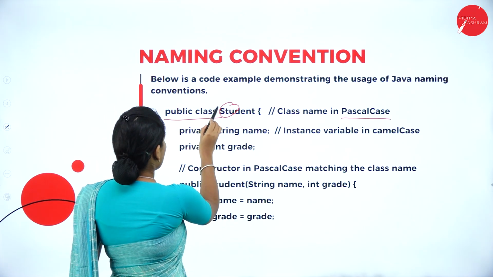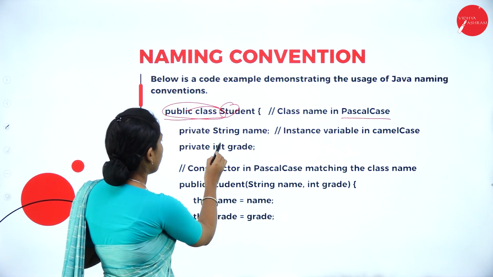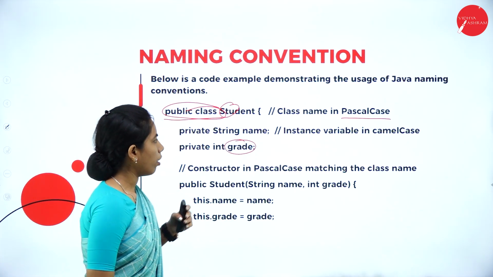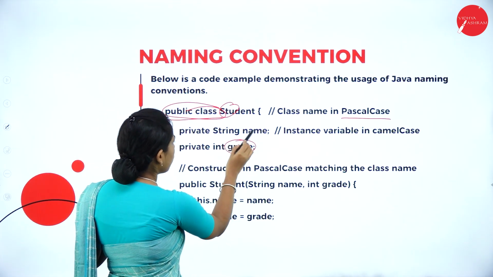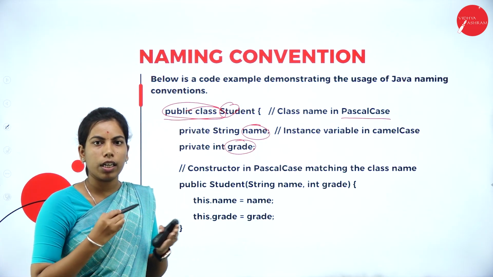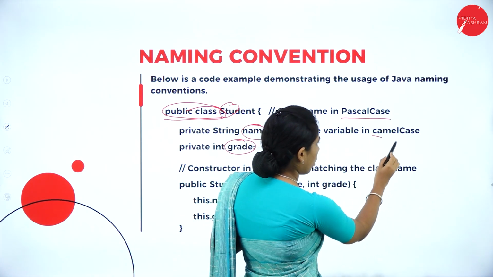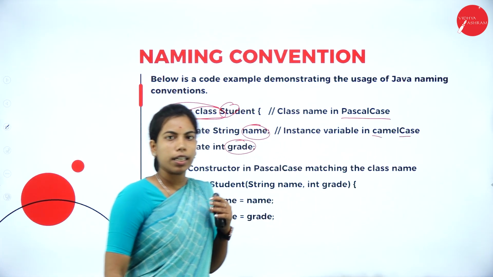And the variable name should be in small letters. And also instance variables are in camel case. The first letter should always start with a small case. If there are two words, use the first letter as small and the second word's first letter as capital.